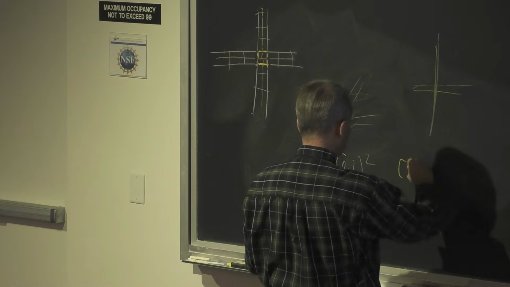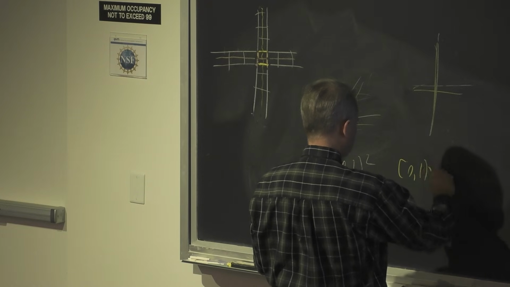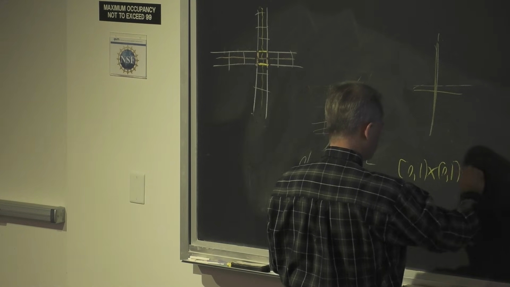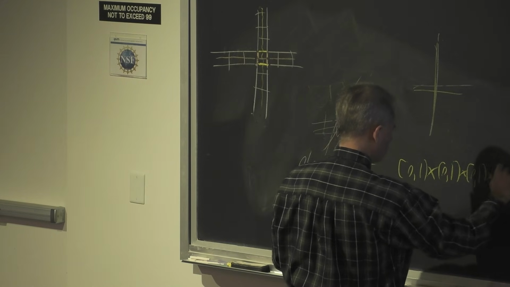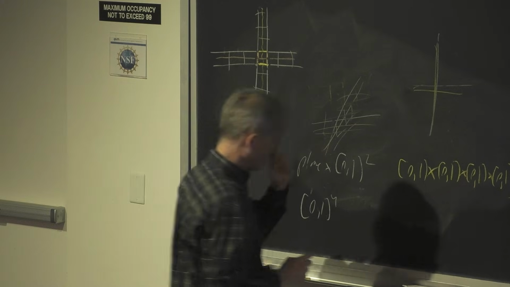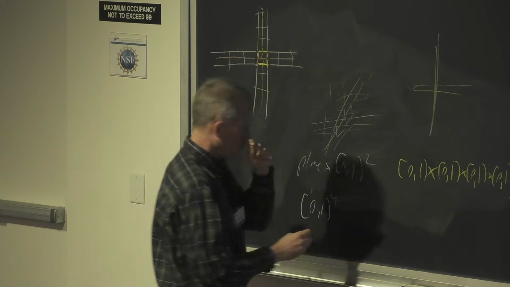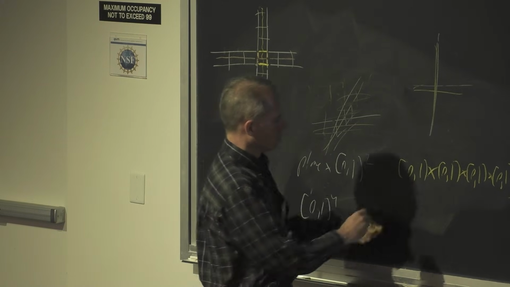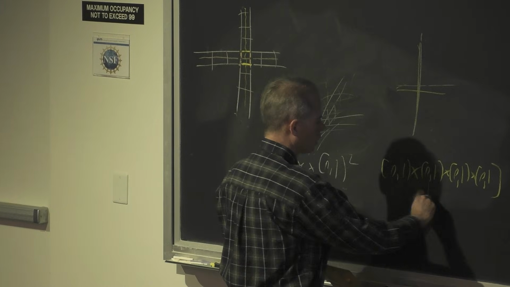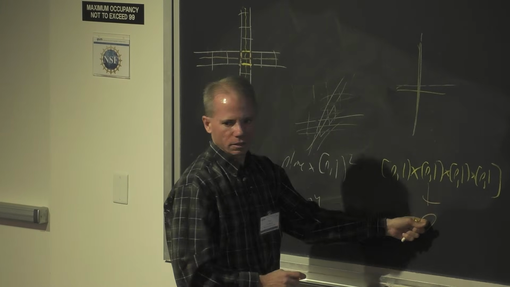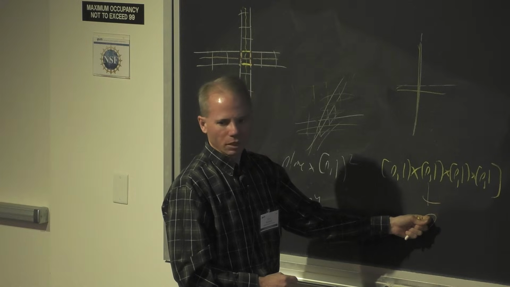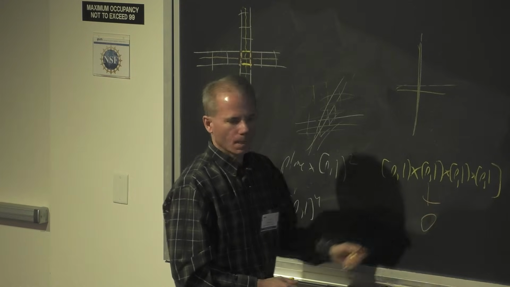So if I have [0,1] cross [0,1] cross [0,1] cross [0,1], then maybe if I want to get a face, I just pick one of these guys and I set it to either 0 or 1. So like this is one 3-dimensional face. I set this guy to 0.